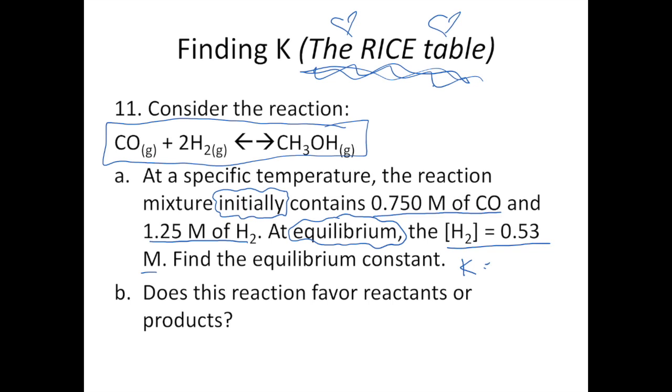And there it is. We need to find K. And then we need to determine, is K going to indicate that we favor reactants or we favor products? If we favor reactants, remember K is going to be greater than 1. If we favor products, K is less than 1. Okay, let's set it up.